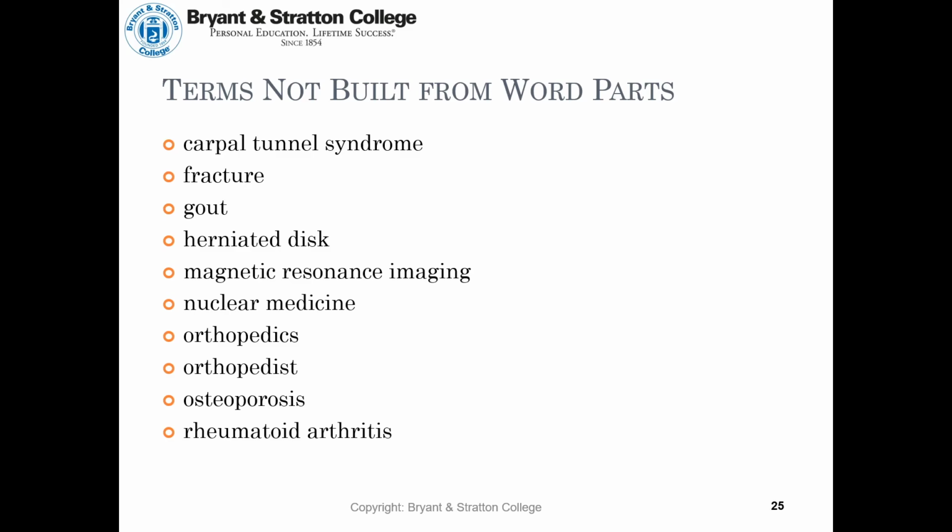An orthopedist would be somebody that's specialized in ortho. Osteoporosis is a condition of pores being formed in the bone, typically related to calcium or vitamin D deficiencies. And then rheumatoid arthritis, RA, is an autoimmune condition where the body essentially is attacking its own joint tissues.